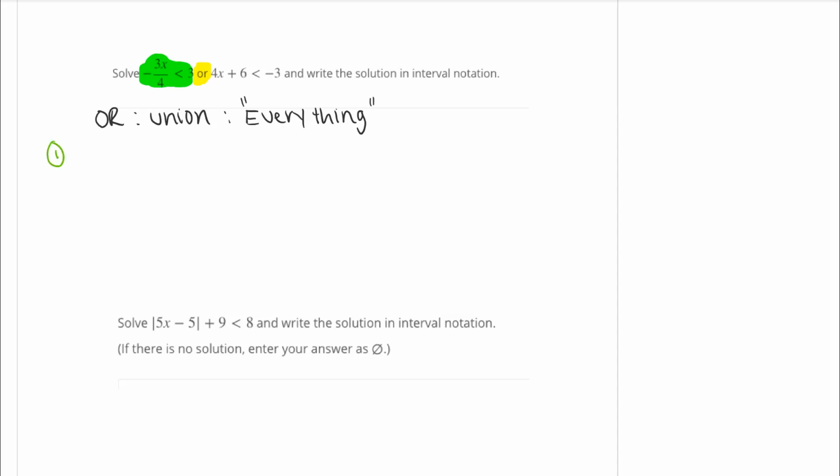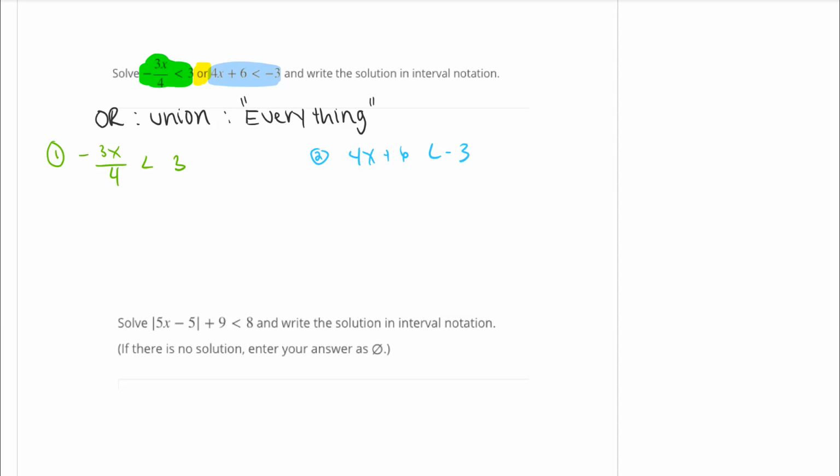The first inequality that I have is negative 3x over 4 less than 3. And the second inequality that I have would be 4x plus 6 less than negative 3.